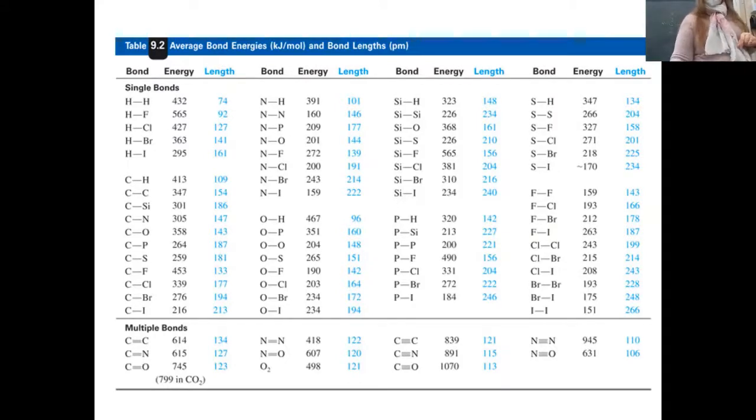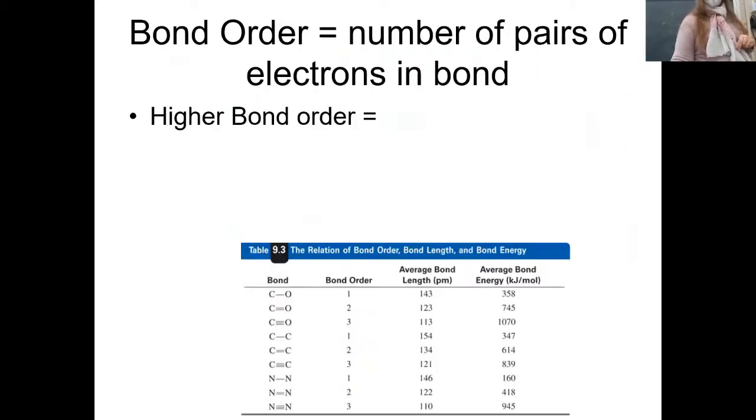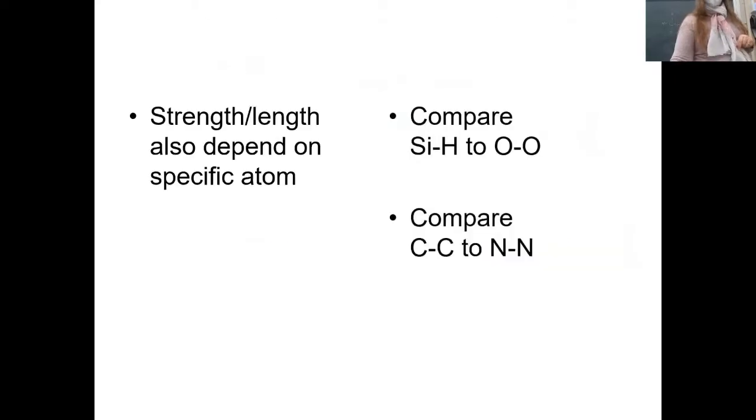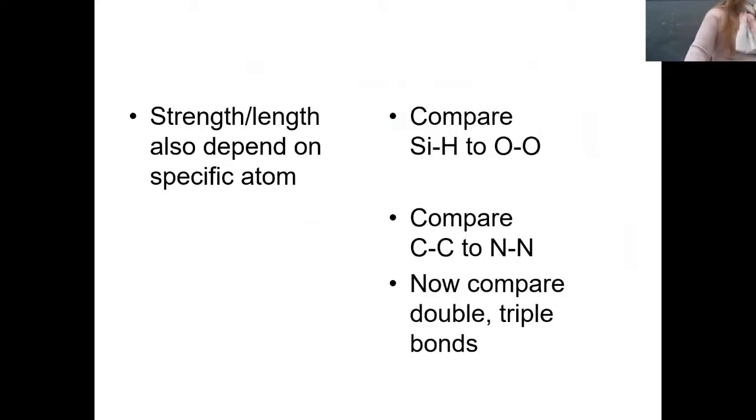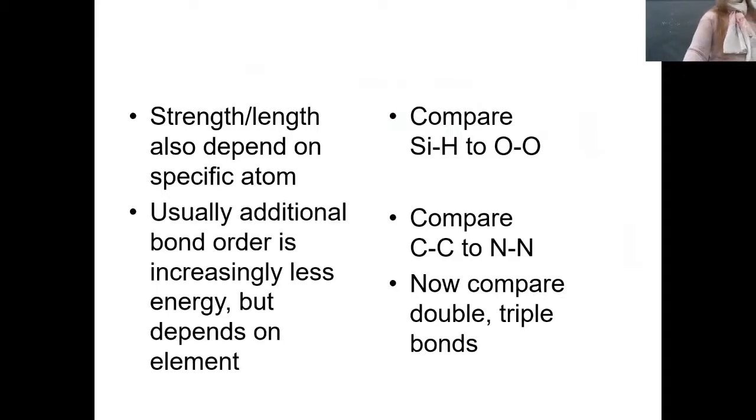Okay, so let's get back to the slide here. What we've learned is that the strength and the length also depend on the specific atom. If I'm comparing two atoms that are the same, carbon-carbon bonds, the longer the carbon-carbon bond, the weaker it is. The shorter the carbon-carbon bond, the stronger it is. But if I change what atoms I'm looking at, that's going to be very different. And we already compared carbon-carbon and carbon-nitrogen for their double and triple bonds.